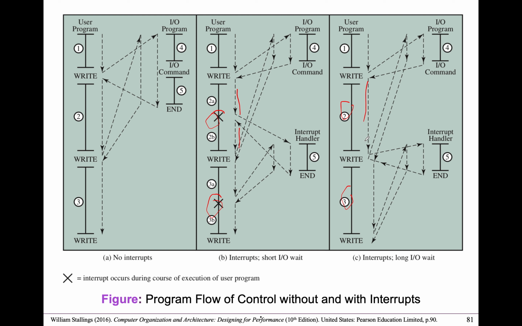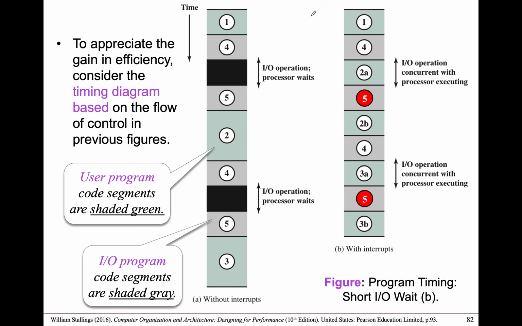But this one you will continue all the way, and basically there is an interruption. And of course after having an interruption, you're going to do the interrupt handling. That is the difference. Now you're going to see what happens one by one.